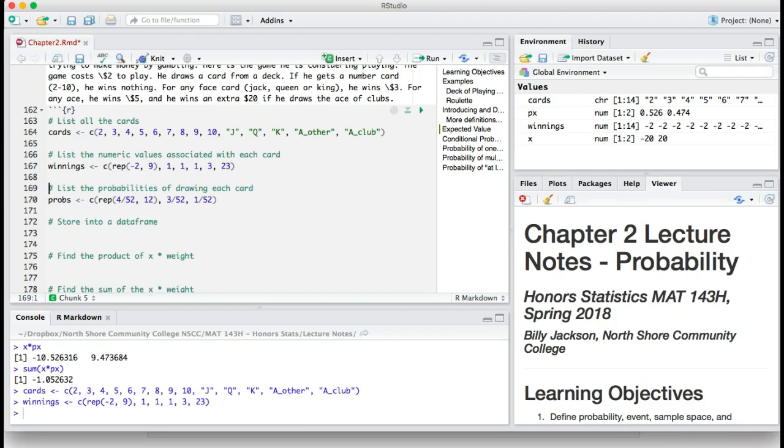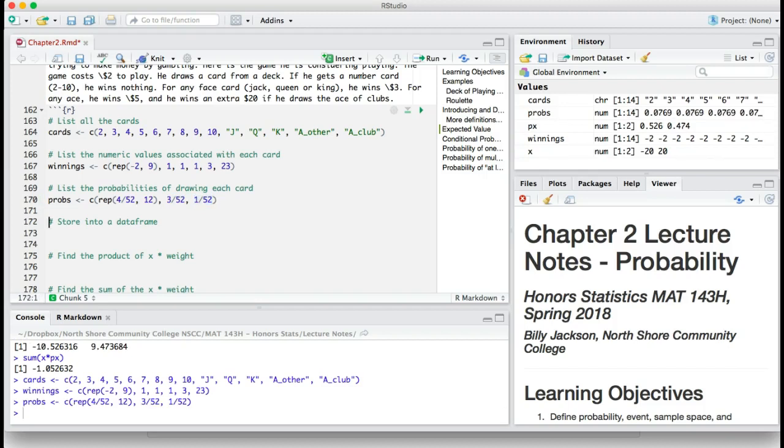Now let's list the probabilities of each of those cards. The cards 2 through king all have 4 of them in the deck, so they all have a probability of 4 out of 52. So I repeat the probability 4 out of 52 twelve times. The probability of getting a non-clubs ace is 3 out of 52, and the probability of getting an ace of clubs is 1 out of 52. So I'll store these into a vector called probs.